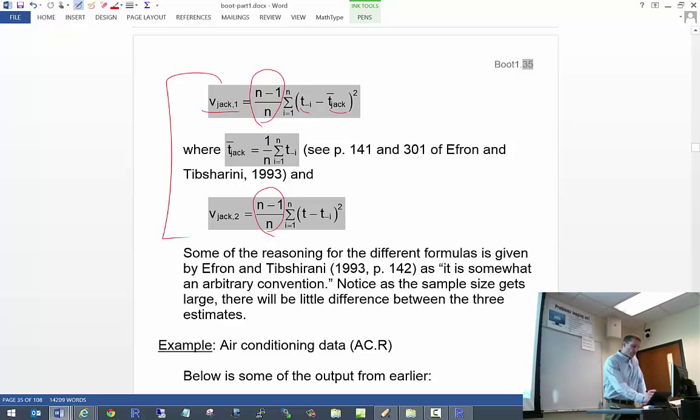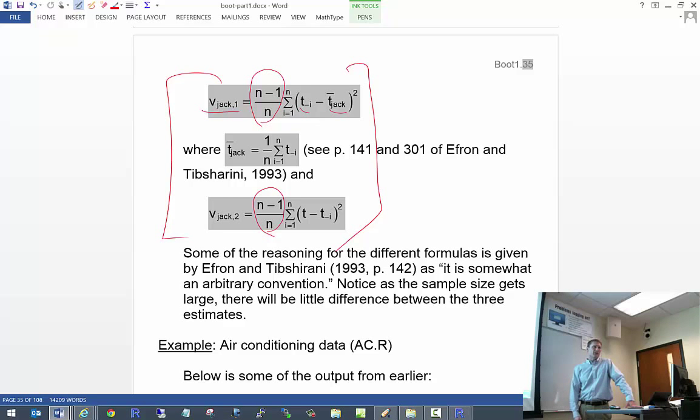Now, these two ways of doing the Jackknife estimate of the variance are actually more prevalent than the one that I showed you with VJAC. That's one of the reasons why I want to emphasize it. But a key is that as n gets big, is there really going to be any difference?